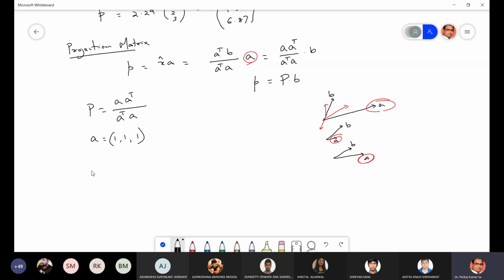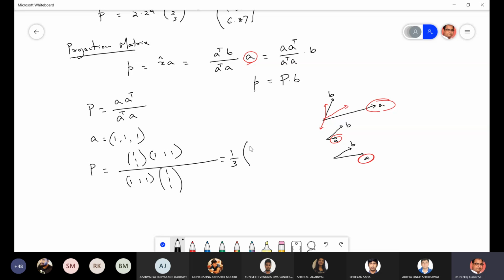So what is P? The denominator becomes 3, so 1 upon 3, the denominator part.